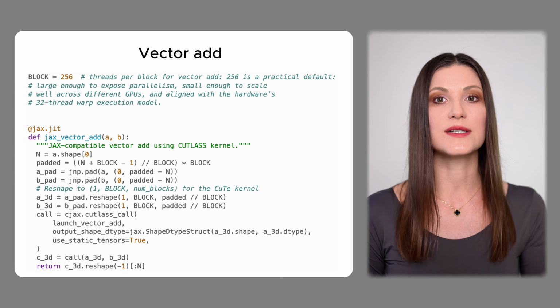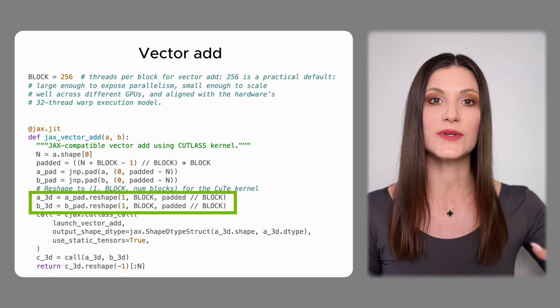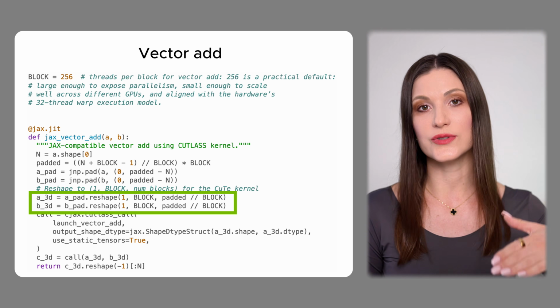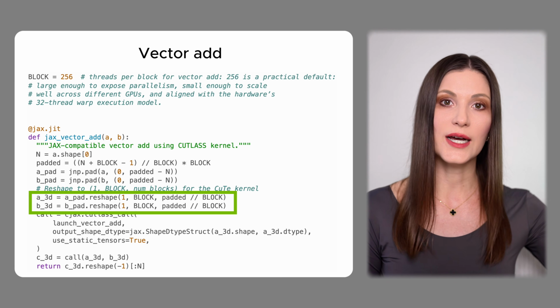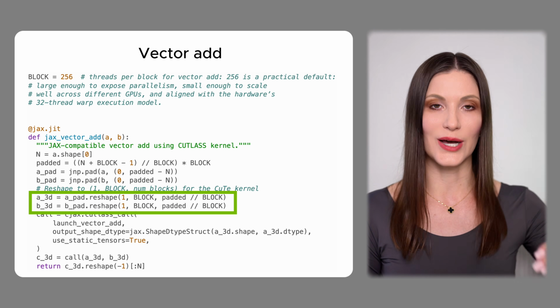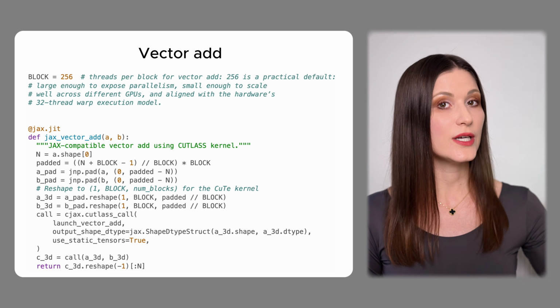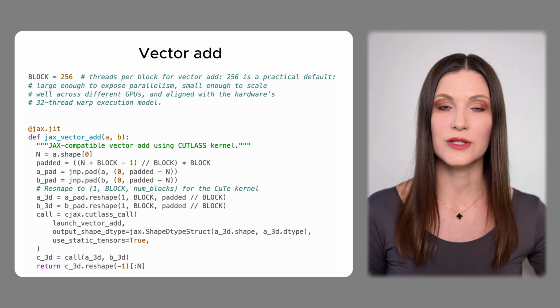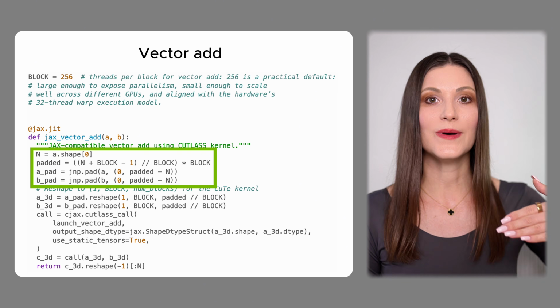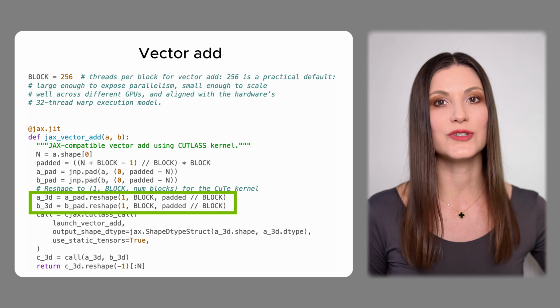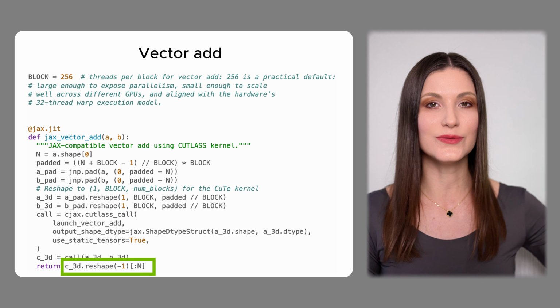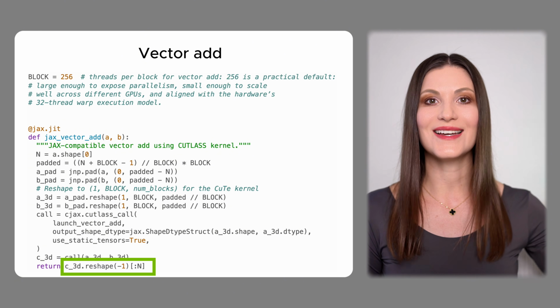And for this kernel's indexing style, we reshape the 1D vector to a 3D view: elements per thread, threads per block, and num blocks. That reshape is a layout reinterpretation, no data copy. We pad to a multiple of block size, reshape, call the kernel, and then reshape back and slice off the padding.